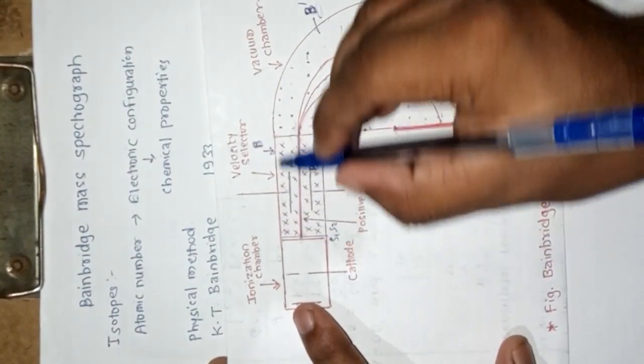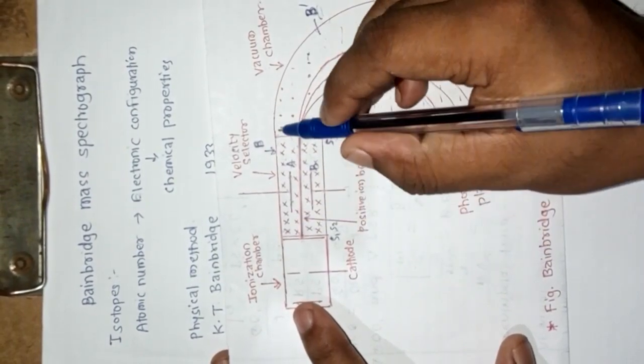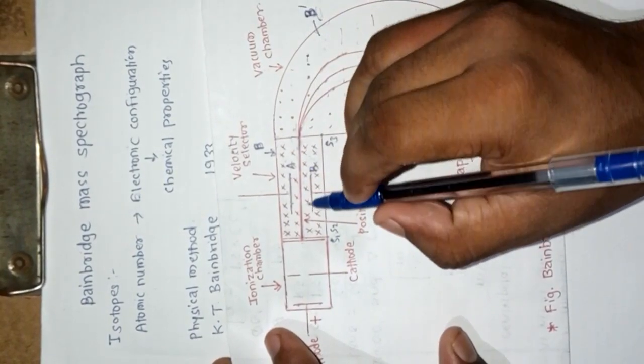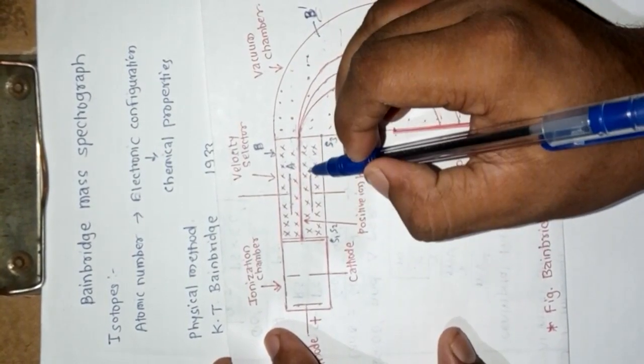See here, this is the velocity selector. Inside this velocity selector we apply electric field and magnetic field, and both are perpendicular to each other.